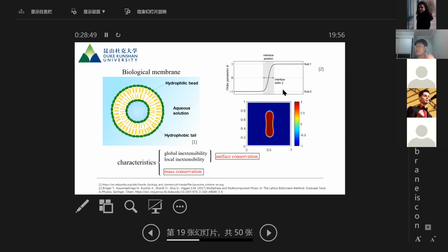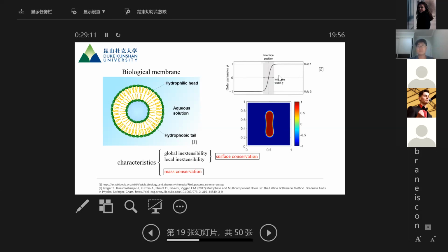You just understand it like a label. My outer fluid is -1, my inside fluid is 1. And then my interface is just the intermediate transition, right? Between -1 and 1, because it's a continuous function, it always passes through 0. So my 0 is the center of the membrane.